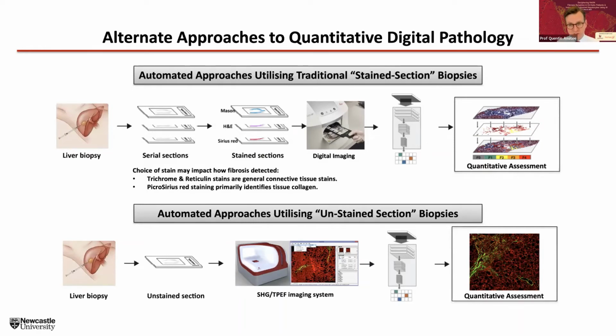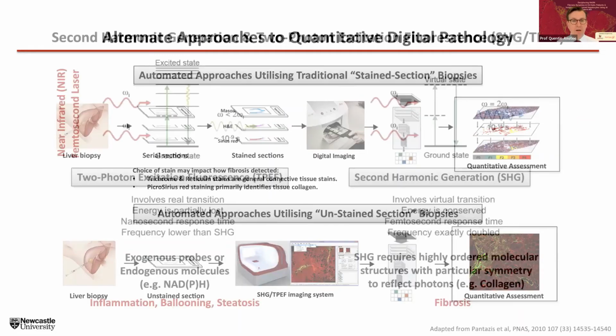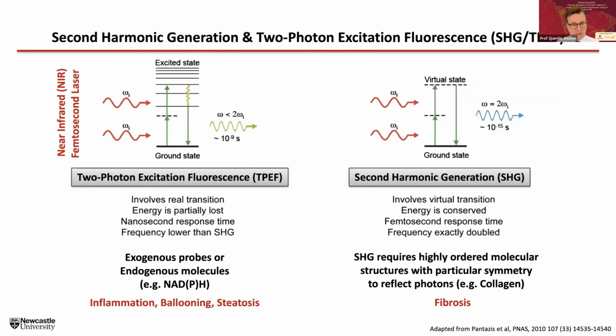Some rely on stained sections, but the one we're going to talk about here is an automated approach using unstained sections, which is, of course, two-photon excitation fluorescence microscopy, and then second harmonic generation, which looks for fibrosis. And these two techniques that HistoIndex has very much championed were what we leveraged next in our studies.